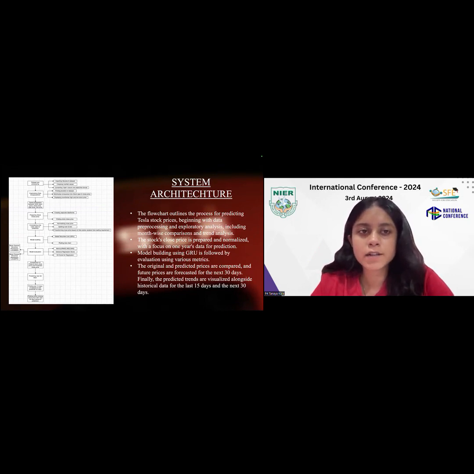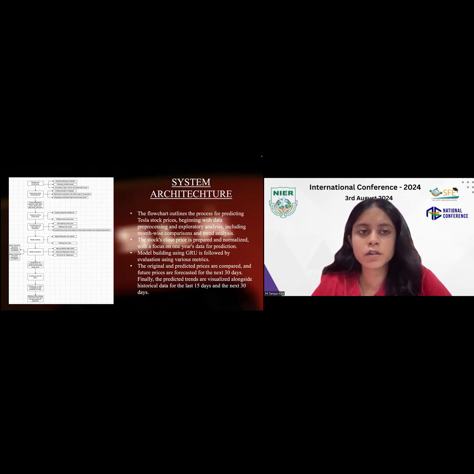Then the month-wise comparison between stock open and close price is done. Then the trend comparison between the 4 attributes, that is the high price, low price, close price, and open price is done.